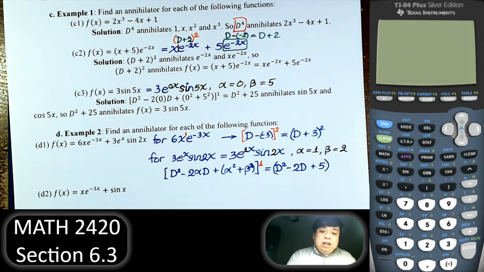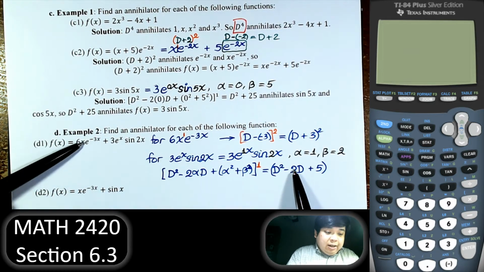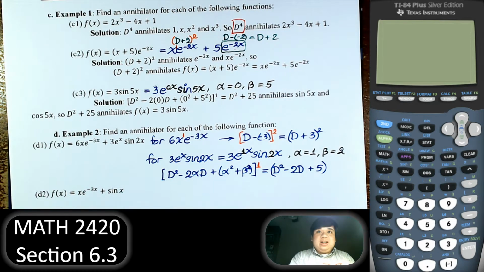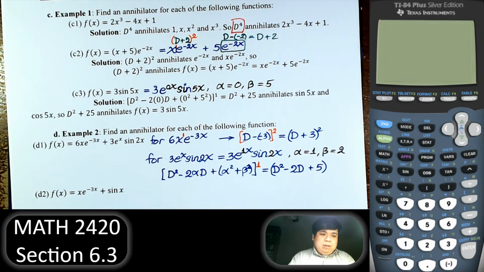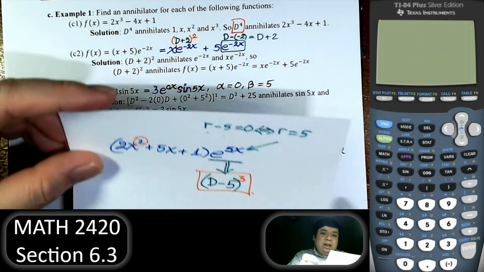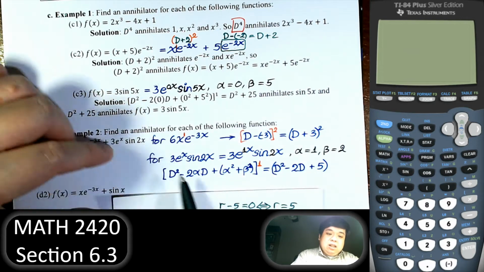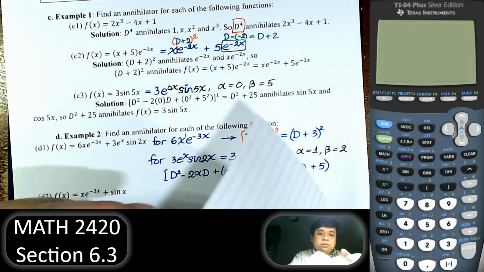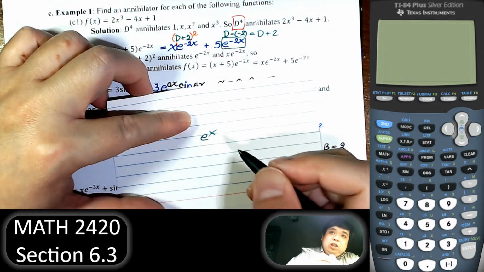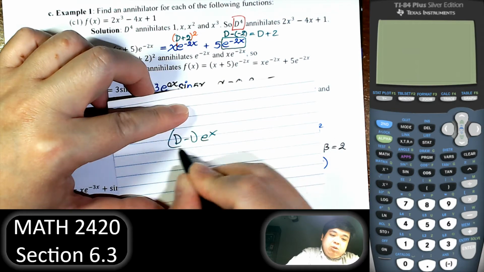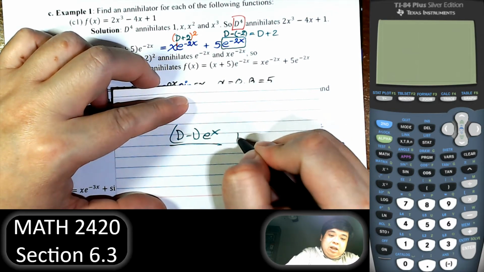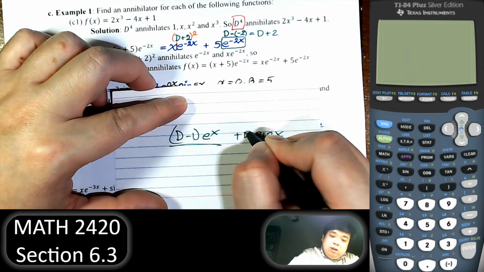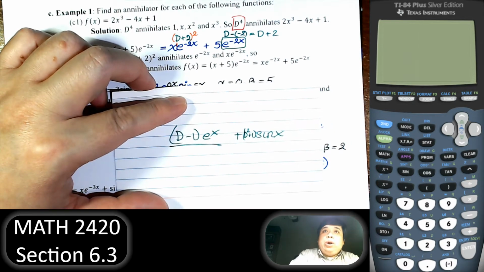So we say this annihilates that, and this annihilates that. So to put them together, do we add them or what? Now remember, if we want to annihilate both of them, we're just going to multiply. For example, if we have e^x, then d − 1 multiplied by it will eliminate that. If we have sin x, the annihilator is d² + 1.